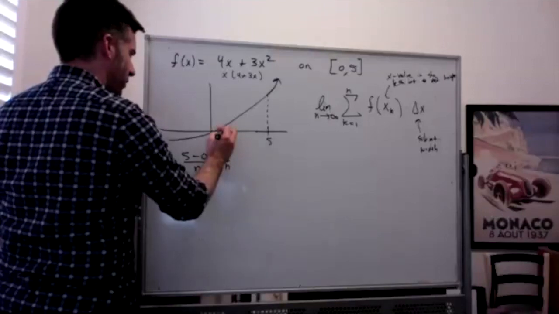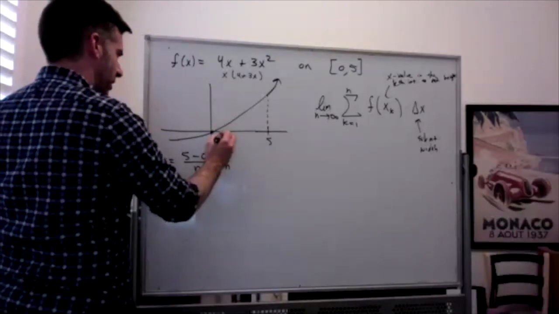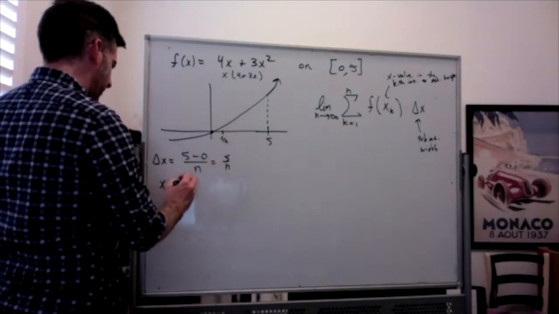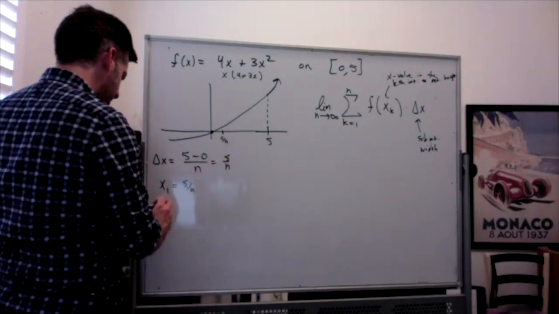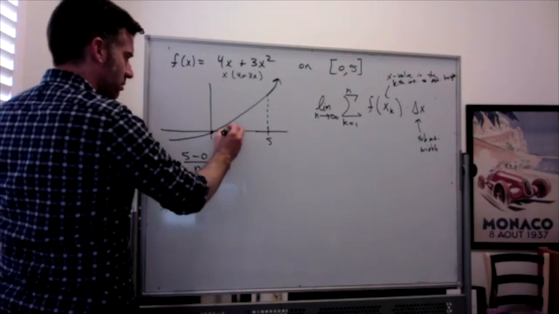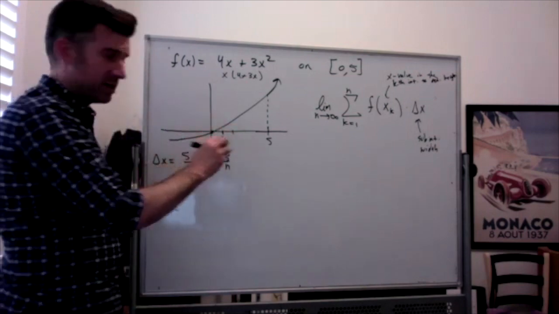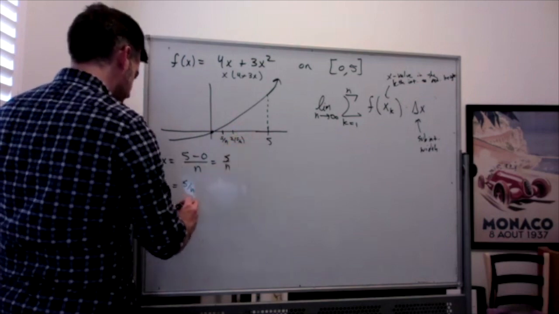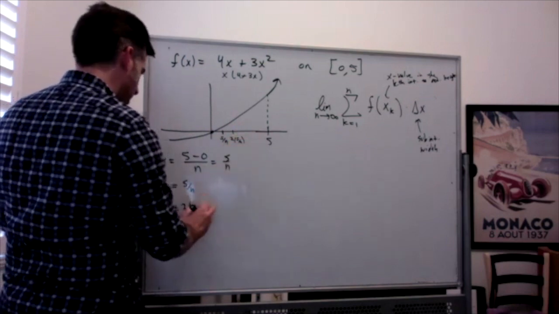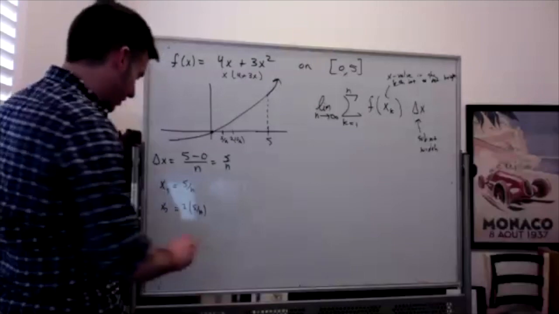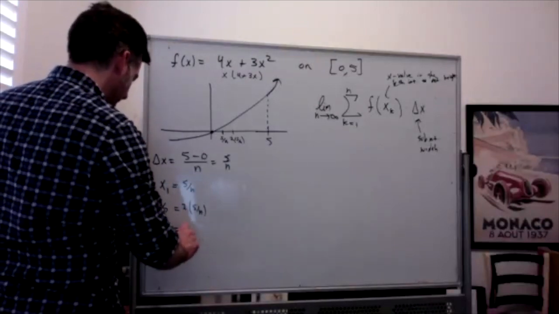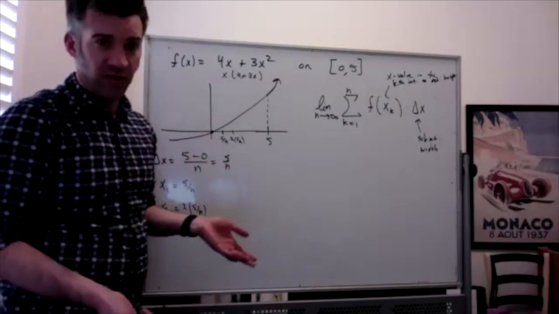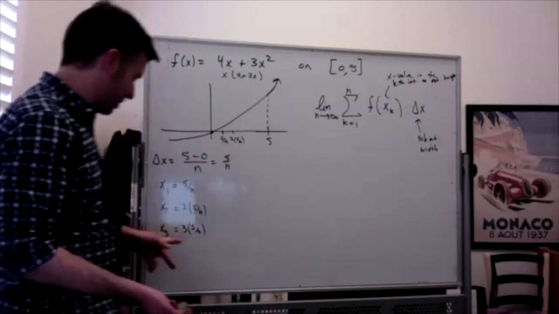For the first subinterval, the right endpoint is 5 over n, so x sub 1 would be 5 over n. For the second subinterval, I'd add another 5 over n, so it would be 2 times 5 over n. And you might have guessed, for the third subinterval, the point we're going to plug in is 3 times 5 over n. So every time we move over, we're just adding another 5 over n. We're increasing the multiple of 5 over n.